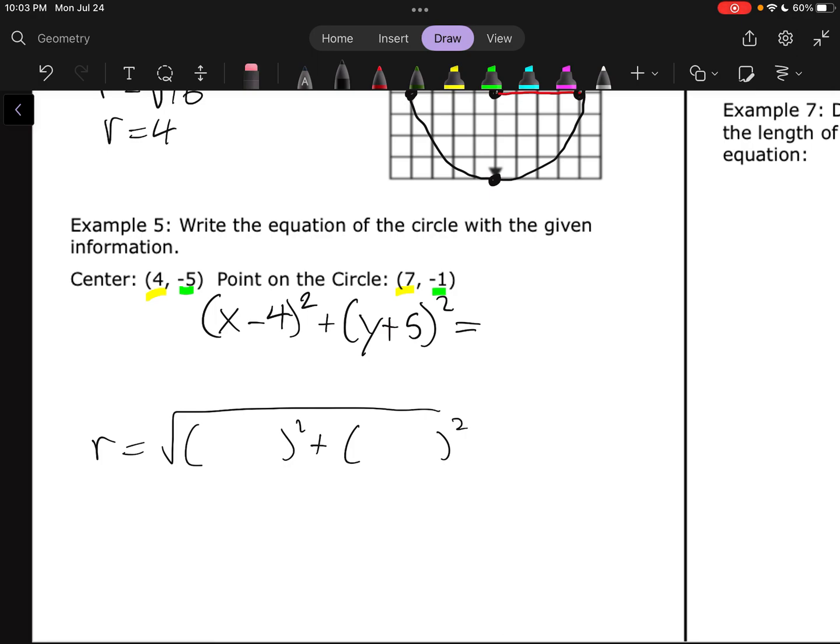So remember the distance formula, we do x minus x, so 4 minus 7. And then we're going to do y minus a negative is plus, so -5 plus 1.